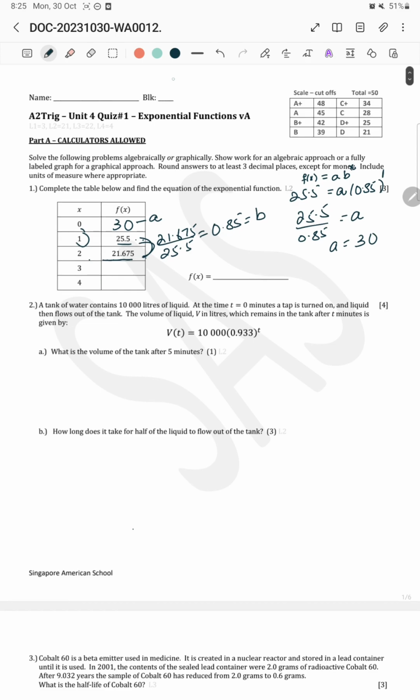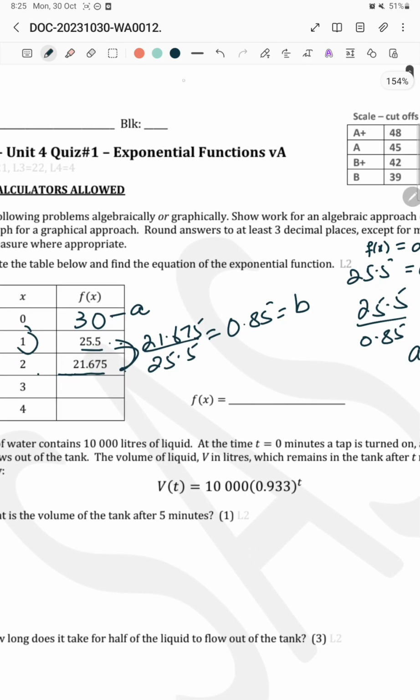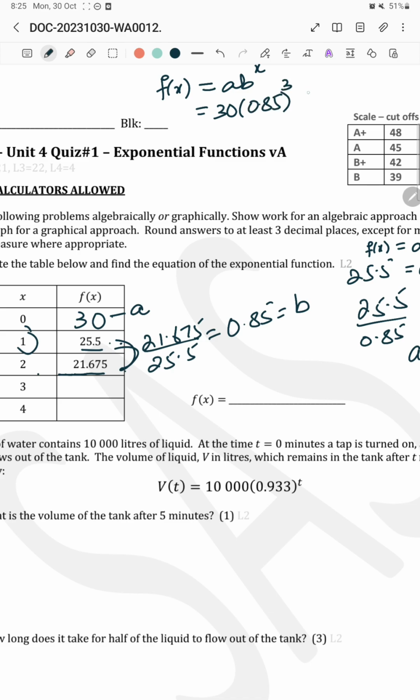So f of x is equal to a b to the power x, and a is 30 and b is 0.85 and x is 3 over here. Secondly, we will find for 30 times 0.85 to the power 4.